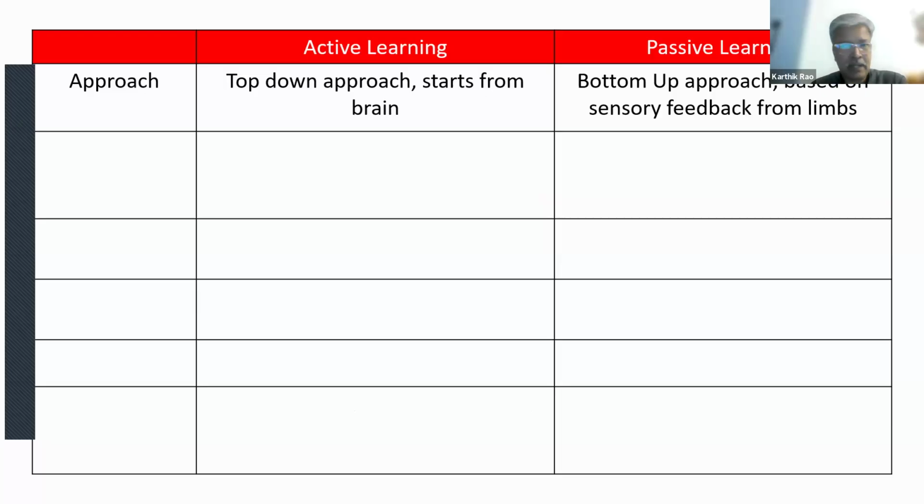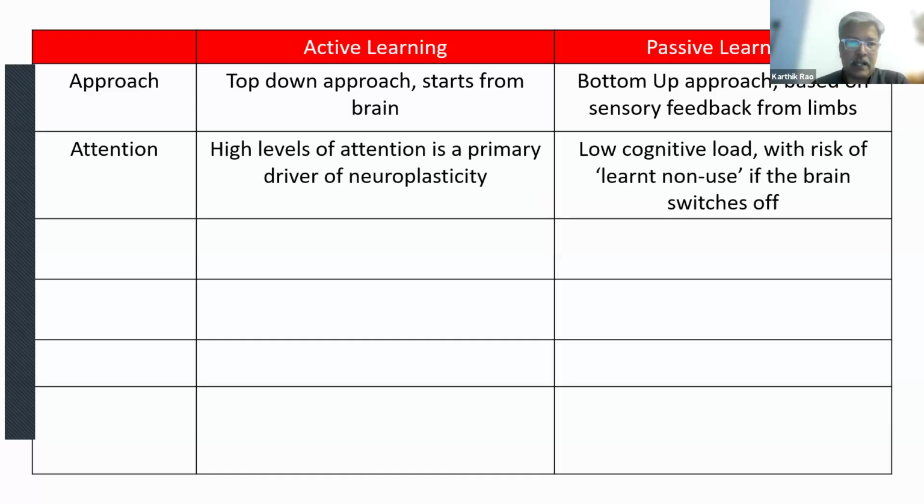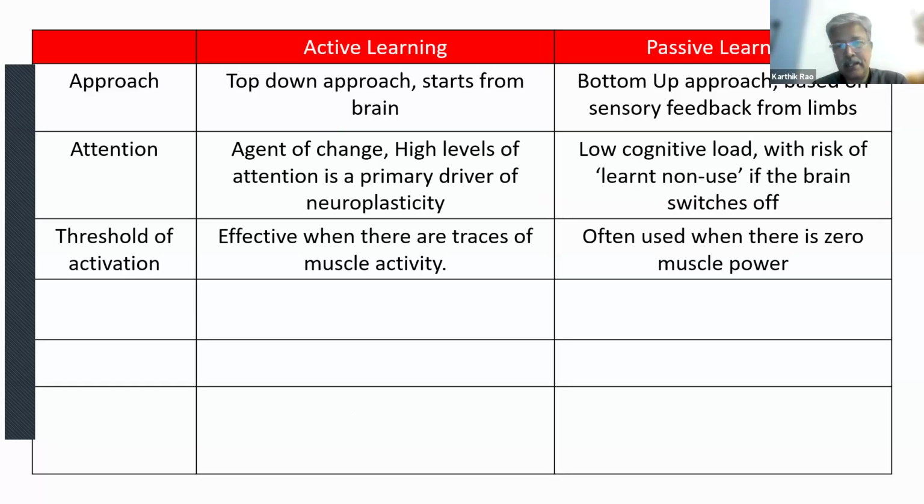So if I compare active versus passive learning, active learning is a top-down approach. It starts from the brain. And here, higher levels of attention are a primary driver for neuroplasticity, because the patient is actively looking at it and problem solving. And it is highly effective when there are traces of muscle activity.